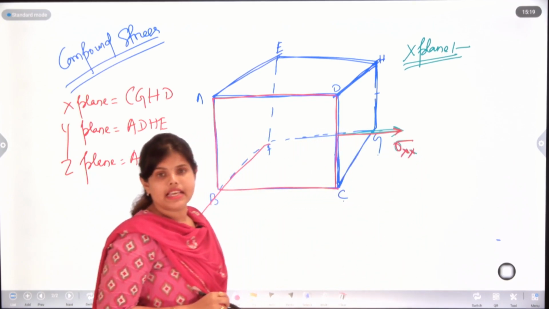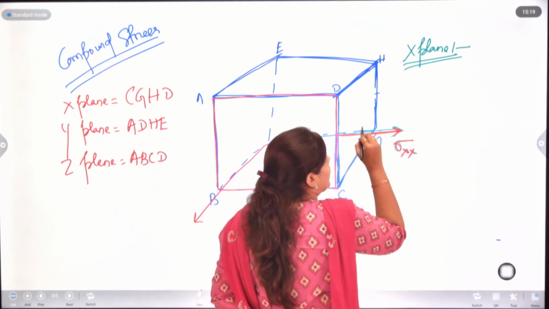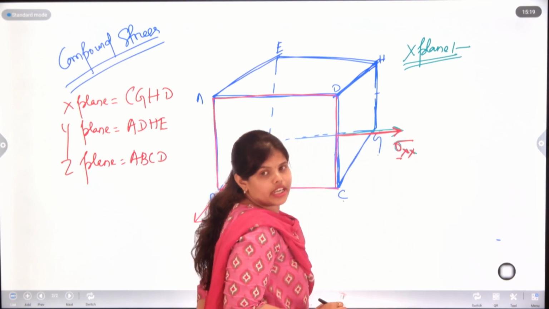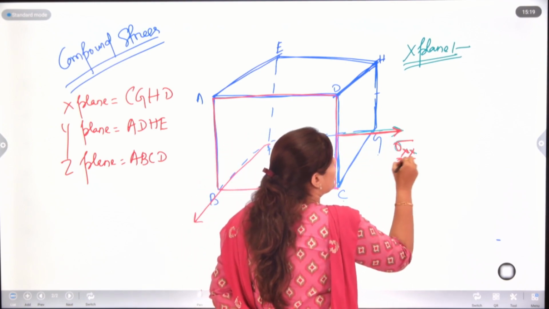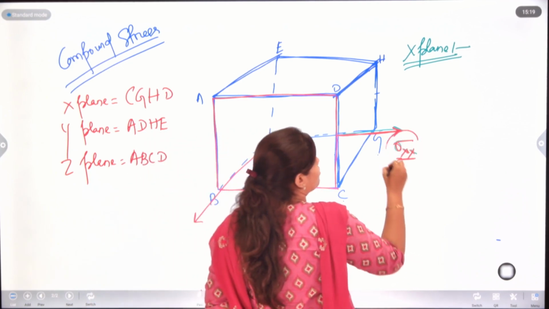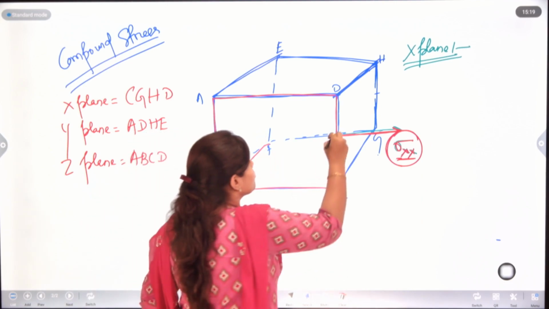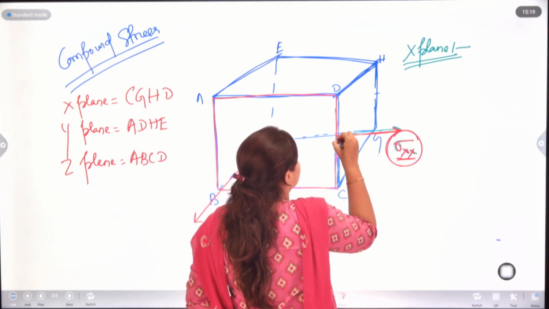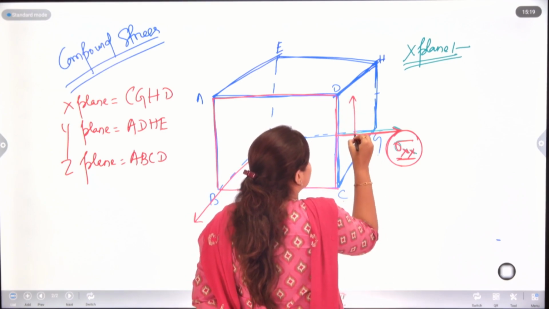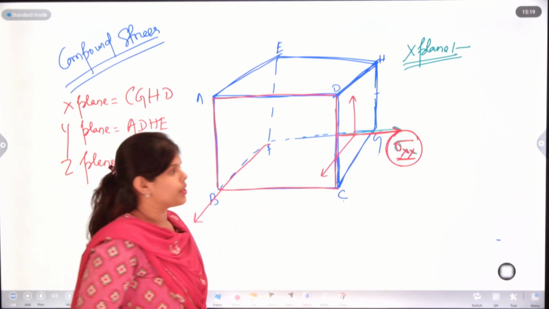Why sigma xx? As this stress is acting on the x plane, that is why sigma x, and in the x direction, that is why sigma xx. Due to this normal stress, another two shear stresses will act, one in the y direction and another in the z direction.